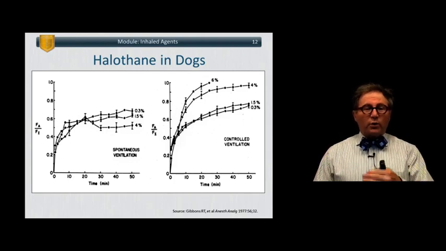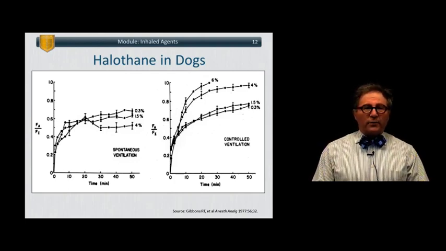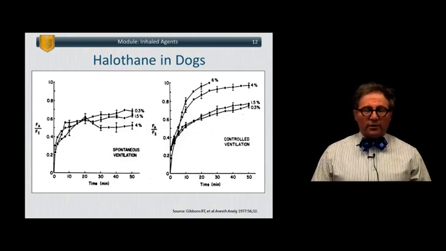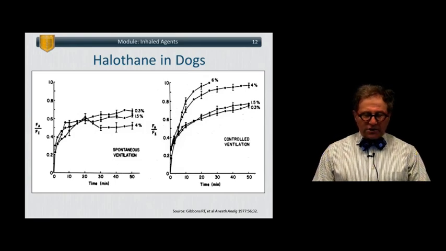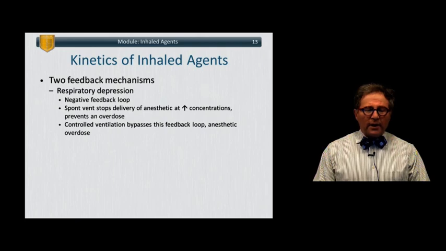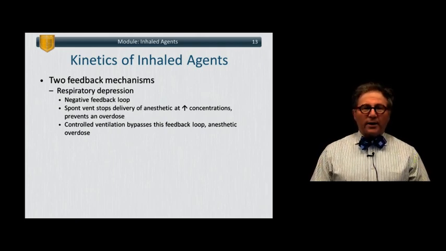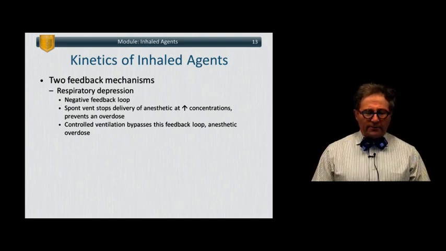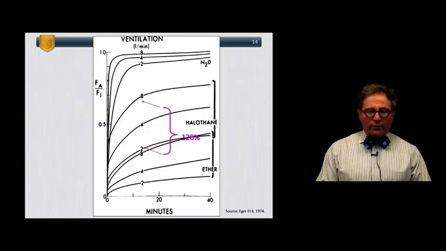And so we don't see quite as dramatic an effect with sevoflurane and desflurane. We will probably see a much milder effect and a more forgiving amount of cardiovascular depression. So the respiratory depression is a negative feedback loop, as it says on this slide, and it stops ventilation at high concentrations. Whereas controlled ventilation bypasses this loop and allows an anesthetic overdose.